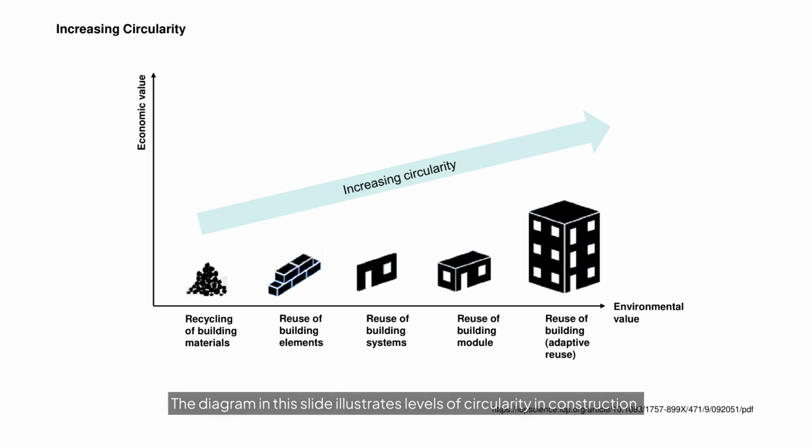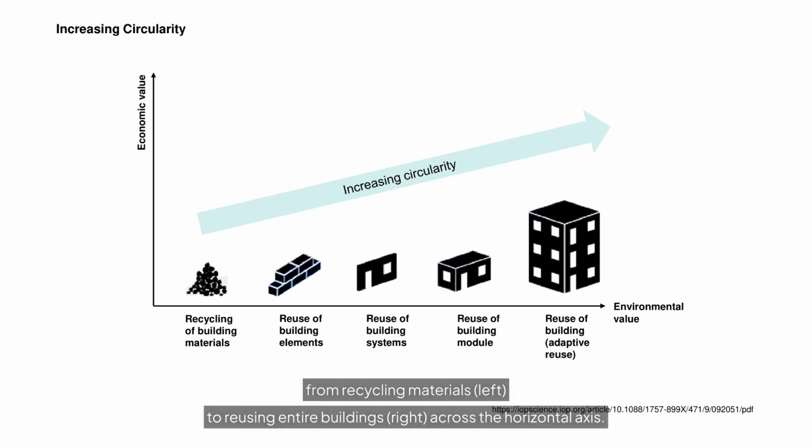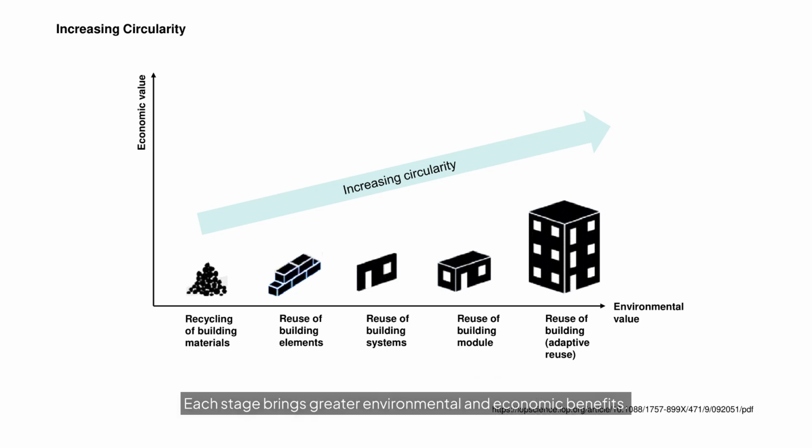The diagram in this slide illustrates levels of circularity in construction, from recycling materials on the left to reusing entire buildings on the right across the horizontal axis. Each stage brings greater environmental and economic benefits. Circularity in the built environment means keeping building components in use as long as possible and minimizing waste.